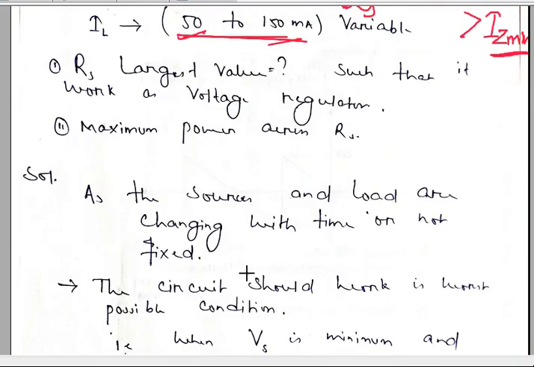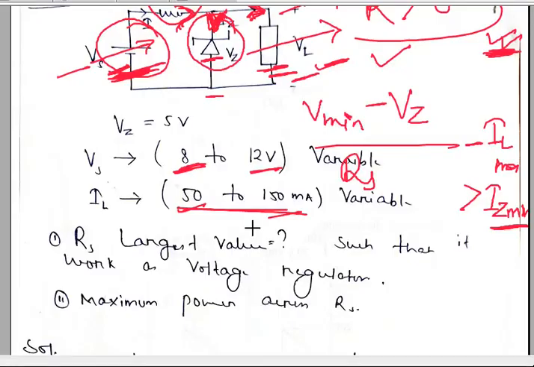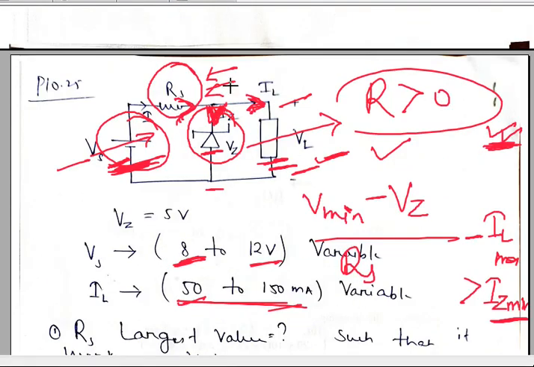Now one more part of this question is, what is the maximum power dissipated across RS? This is a very easy question. The Zener diode should always be in breakdown, so maximum power will be dissipated when the source is maximum, because the Zener voltage is always going to be constant, that is the breakdown voltage, 5.